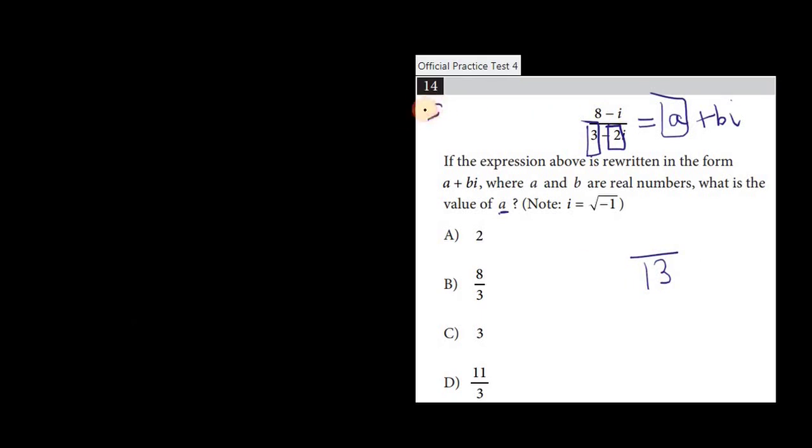And then for the numerator, we're only interested in the real part. So what we're going to do is take 8 plus i times the conjugate of the denominator, which is going to be 3 plus 2i. To get to the real part, we have to multiply the real part of the first with the real of the second, and the imaginary part of the first with the imaginary of the second, and add them together. So the real and the real gives me 8 times 3, 24 in my head. And then, sorry, this is not a positive, this is a negative.